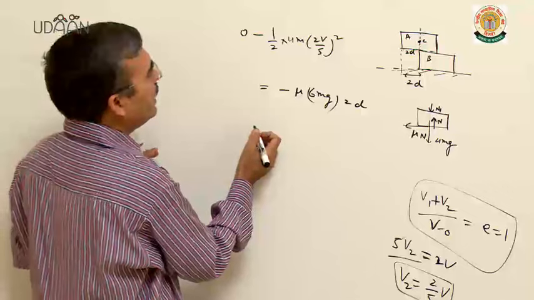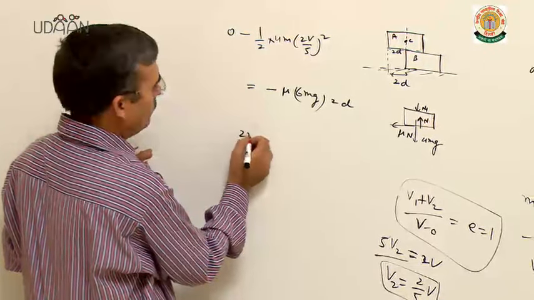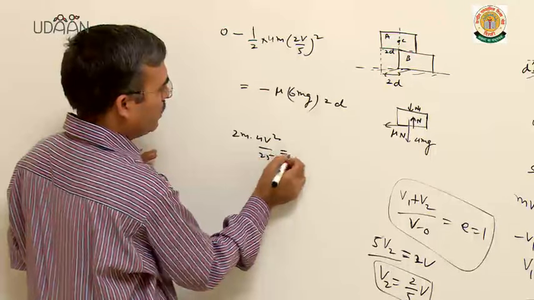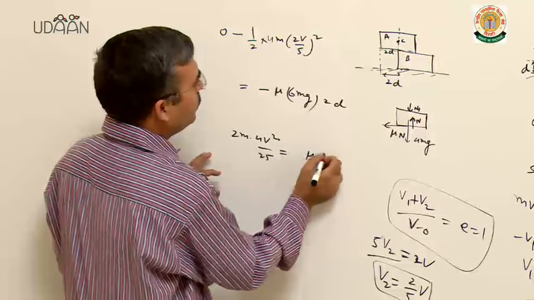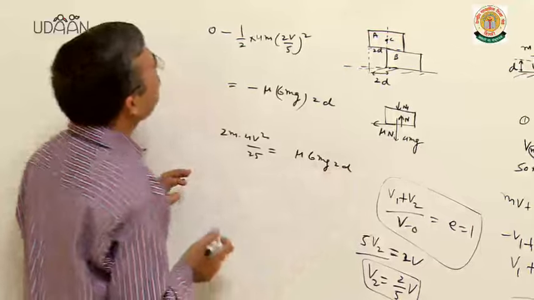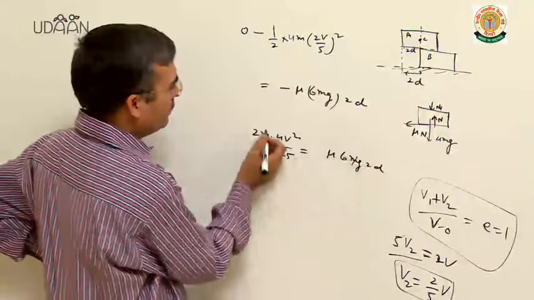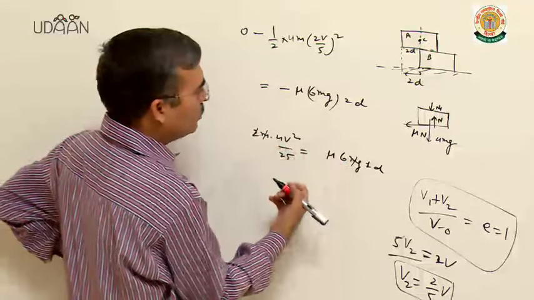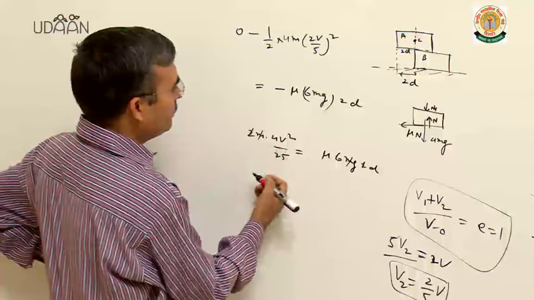So if you simplify it, you will get 2m into 4v square divided by 25 equal to mu into 6 mg into 2d. Simplifying it, you will find velocity v for this condition.